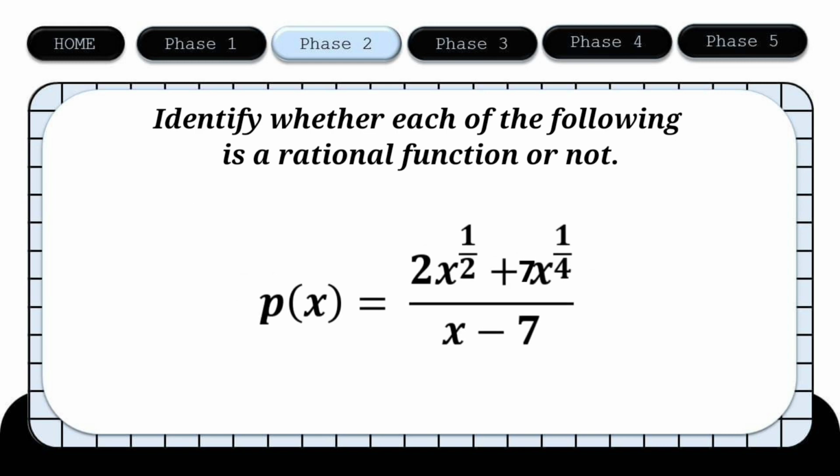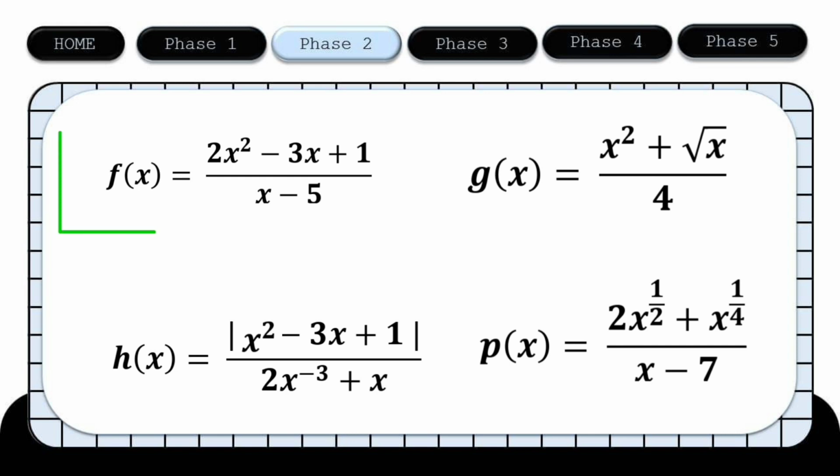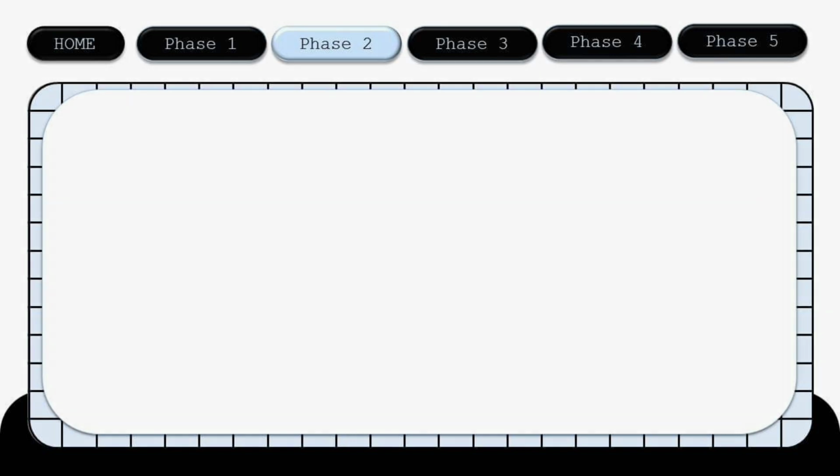Lastly, p of x is equal to 2x raised to 1/2, 7x raised to 1/4 all over x minus 7. Again, this is not a rational function. So later on, i-discuss natin kung bakit ito lamang ang tanging rational function among these given equations.